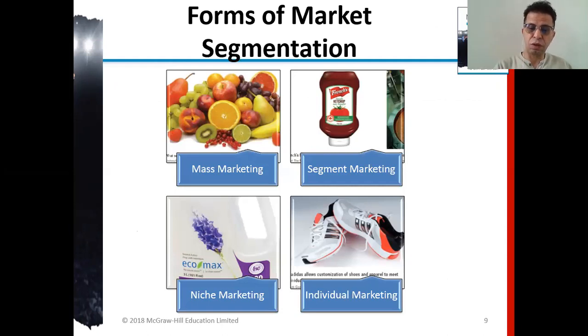It could be segment marketing, or a niche, like left-handed pipe players. That's an extremely niche market, or people who are looking for healthy products. And it could be individual marketing. These are the forms of market segmentation.